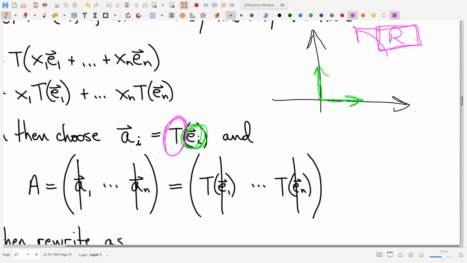Whatever those resulting vectors are, those are your columns for the magic matrix that will execute that rotation. There's a little bit of trig: you have to do the appropriate trig to figure out what these blue vectors are. But that's how you write down a rotation matrix, and it comes straight out of this theorem that not only is every linear transformation a matrix, but this is the matrix, and the columns are the images of the standard basis vectors.